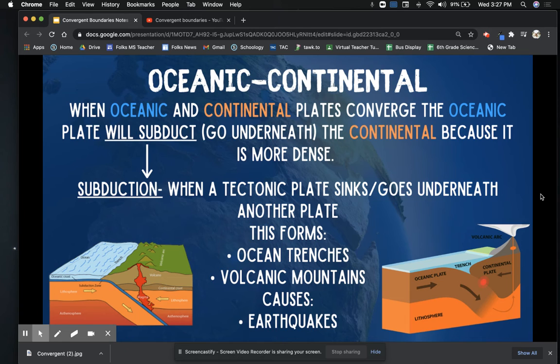The denser one is going to go underneath, which is the oceanic piece. And the word subduction, this is a word that we will need to be able to recognize and understand. So subduction means that a tectonic plate is sinking or going underneath another plate. And at an oceanic continental boundary, we have ocean trenches, volcanic mountains, which are volcanoes on land, and there will also be earthquakes.